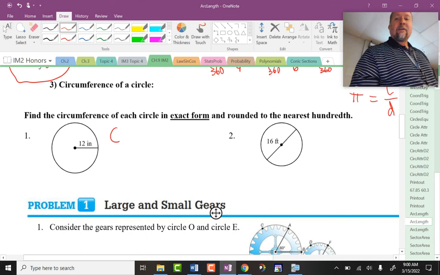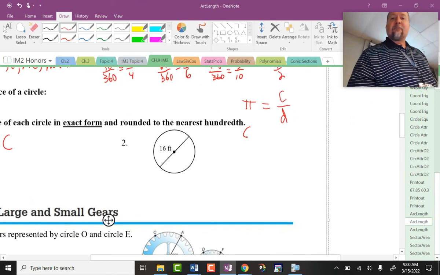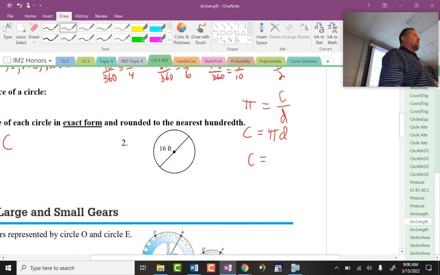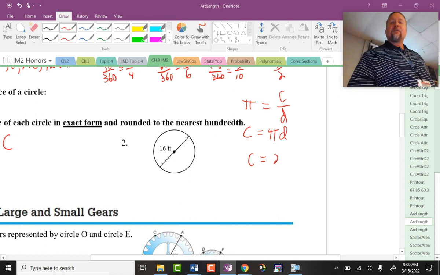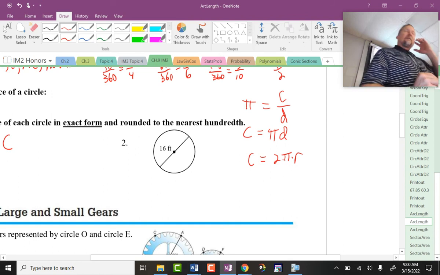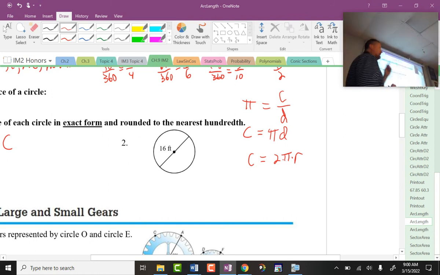All true. But anyway, circumference is pi times diameter. But actually, a more popular formula seems to be, what's a diameter? 2 r. So I'm going to do this because people screw these up all the time. Because area, as you'll see in the next thing, is pi r squared.